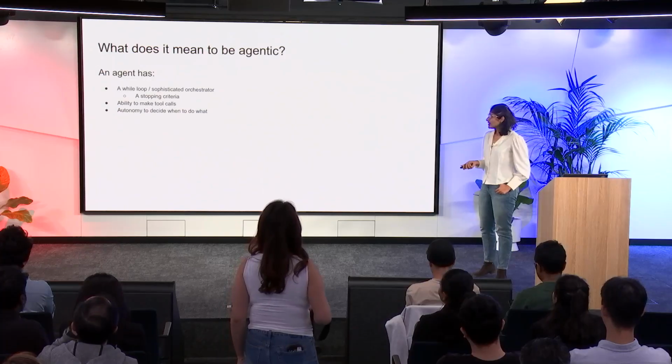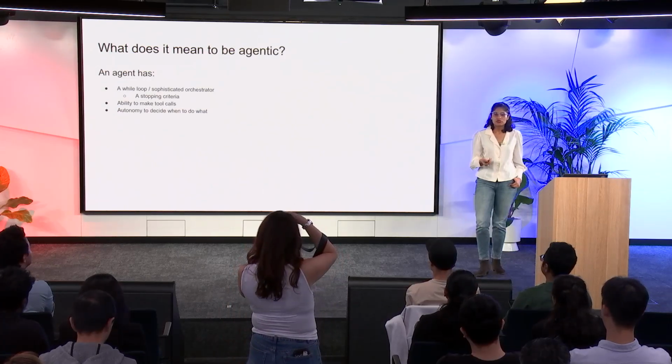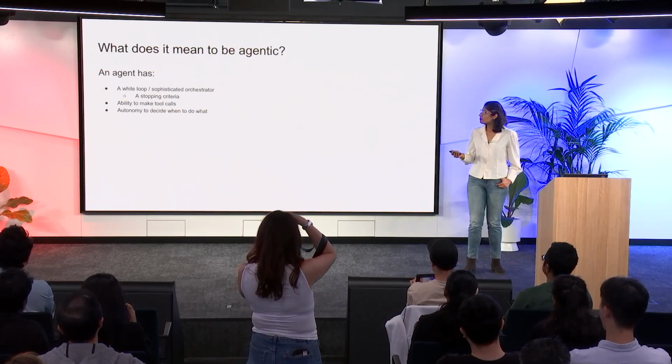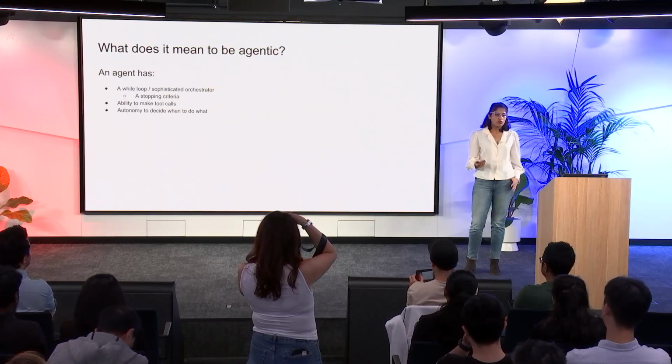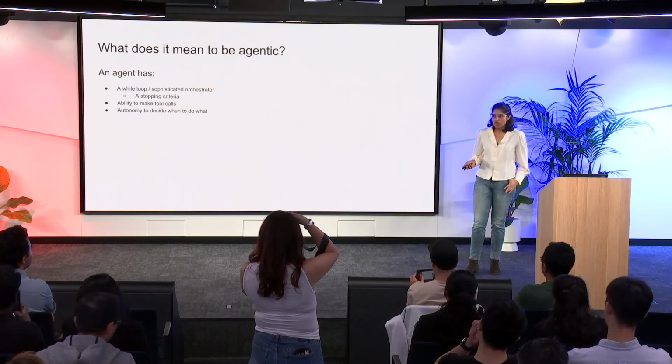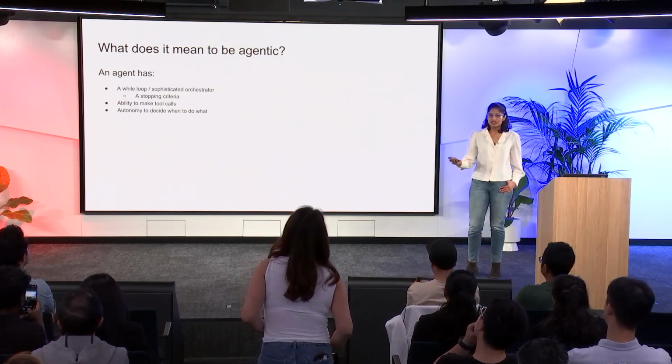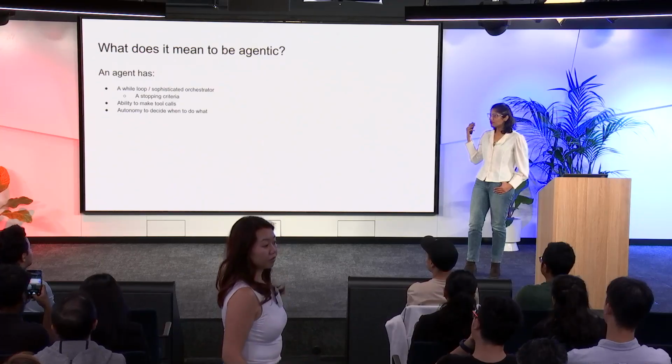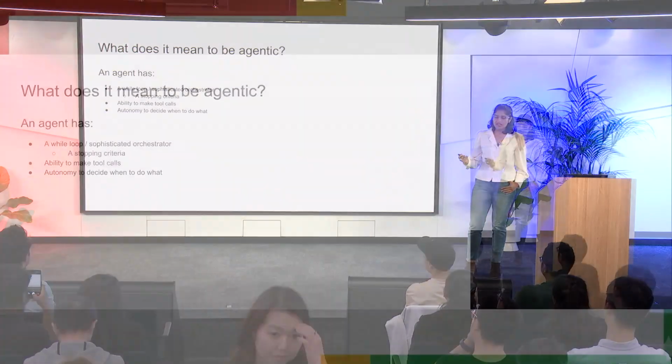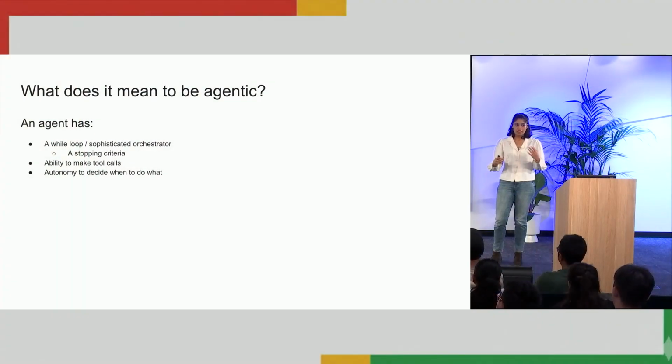So before I start, I just want to discuss this a little bit. What does it mean to be agentic? Like, what is an agent? There are many different definitions out there. From what I see, it's basically a while loop, which can be a more sophisticated orchestrator as well, which has an exit condition, right? And you're giving it the ability to make decisions, the ability to act, and the ability to think and reason.